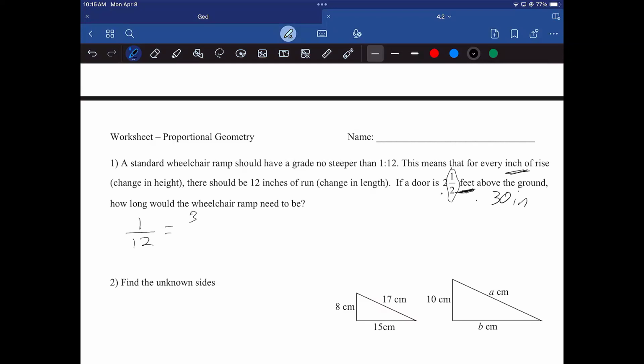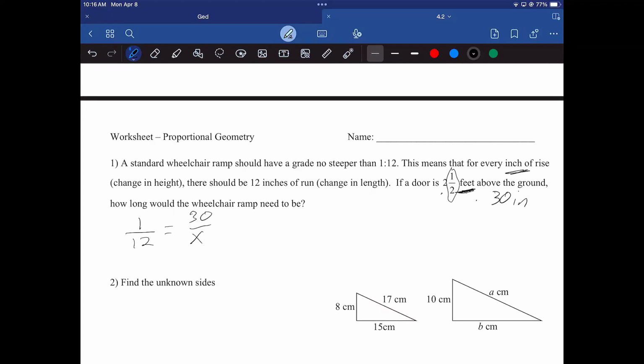So we would say 30 is to some unknown. You see the trick there where they didn't use the same unit? This is huge. Anytime you're doing story problems, make sure you're dealing with the same unit. It's like going to Canada and trying to pay with American dollars when they're expecting Canadian currency. Typically, it costs more in their currency.